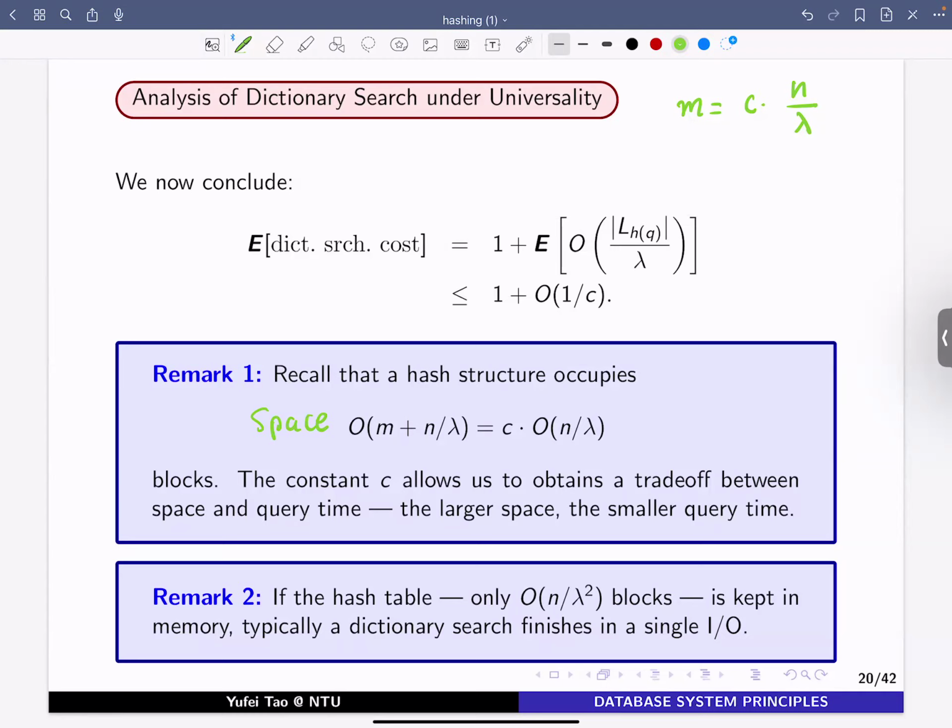So if we choose a large value for c, then you can see we will be using more buckets. If we use more buckets, then the amount of space goes up. So you can see that if c increases, then the space consumption increases. So that's a bad thing.